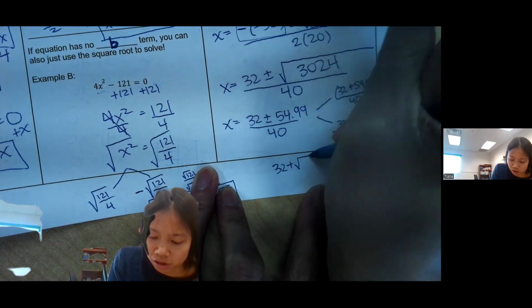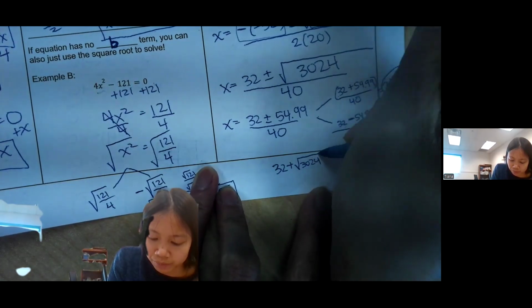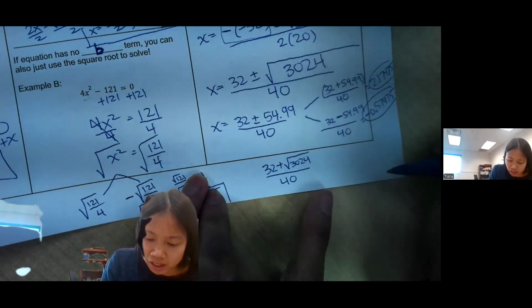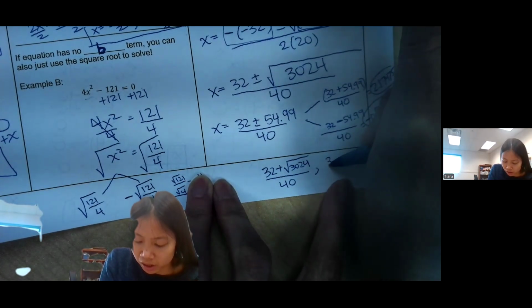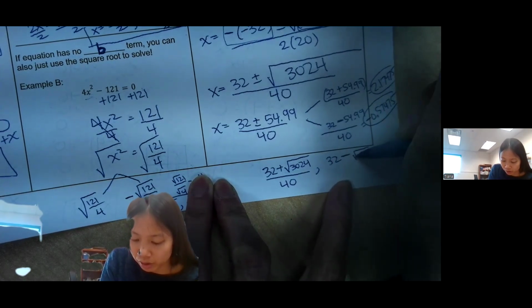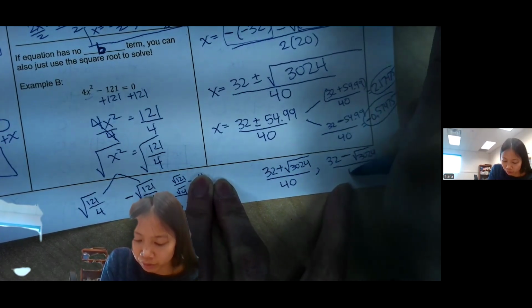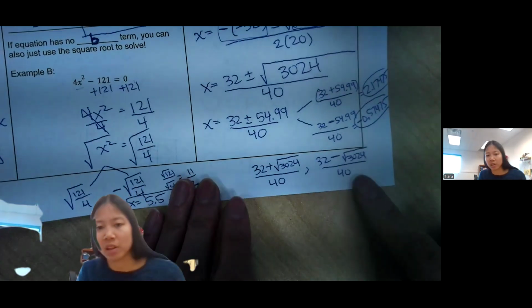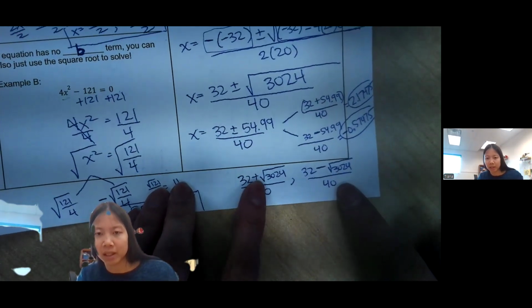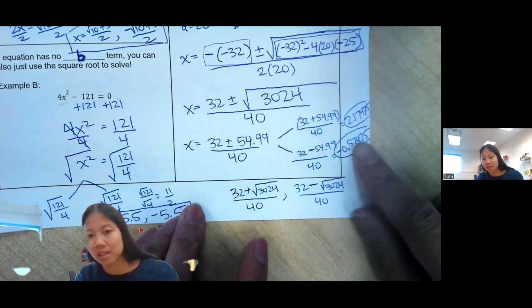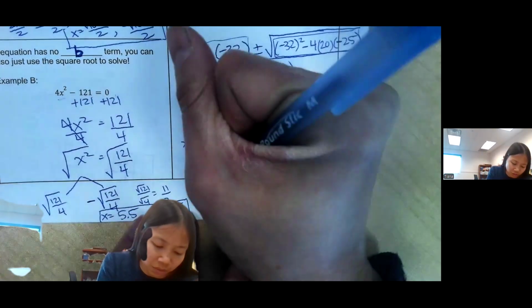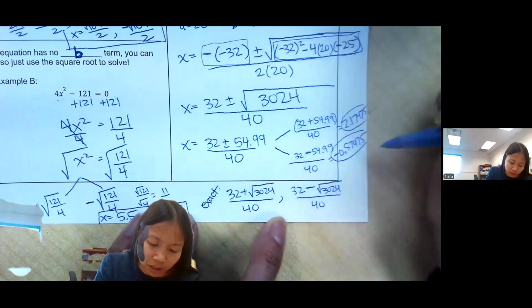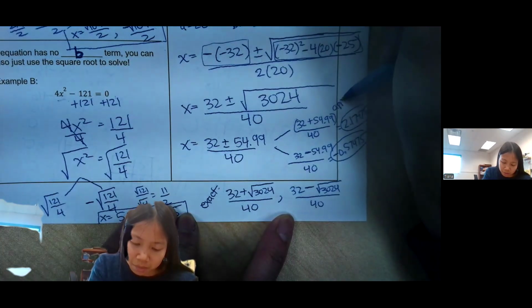So you'll have to type it in as 32 plus square root of 3024 all over 40, and then you'll also have to do comma, 32 minus square root of 3024 all over 40. You'll have to type it in like that on Derivative. But these are the decimal approximations of these exact answers. This is your exact answer, and then these are your approximate answers.